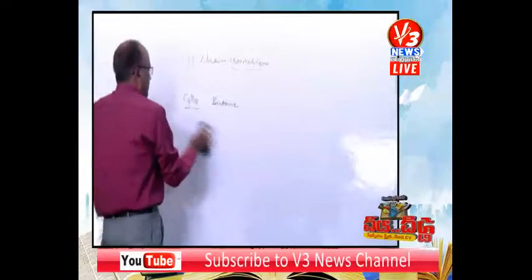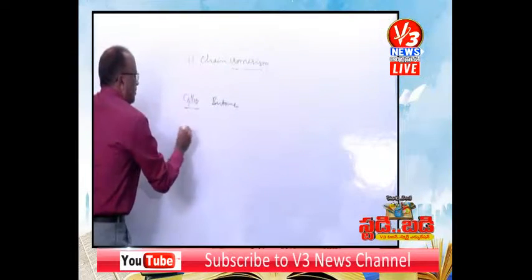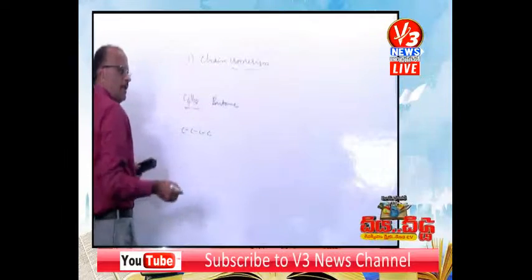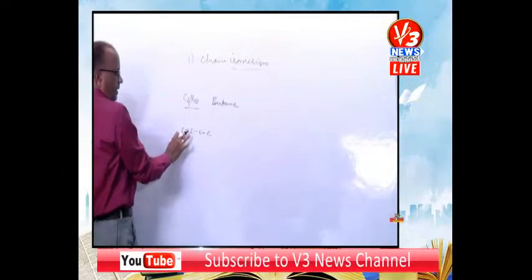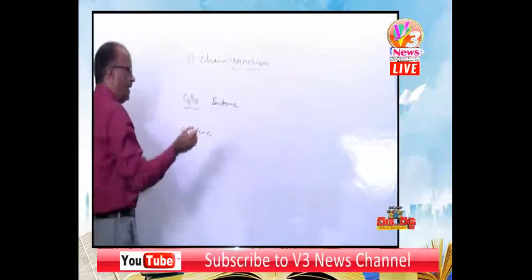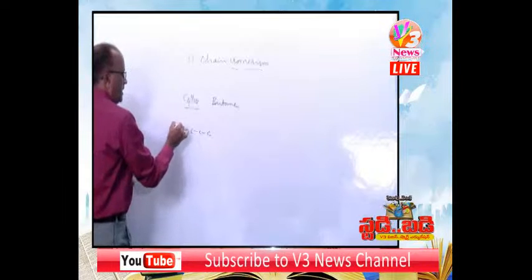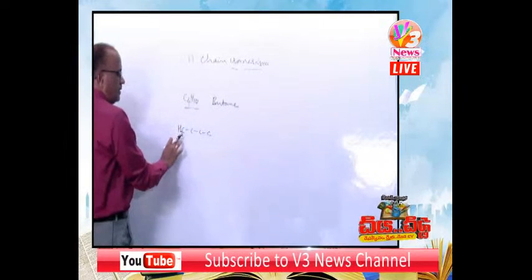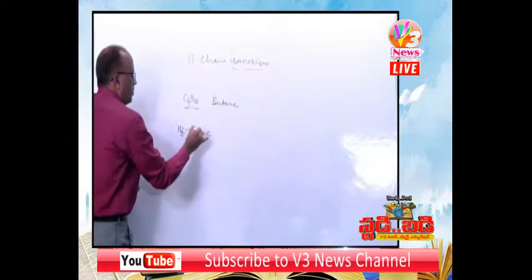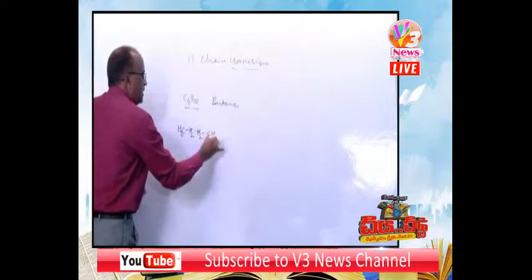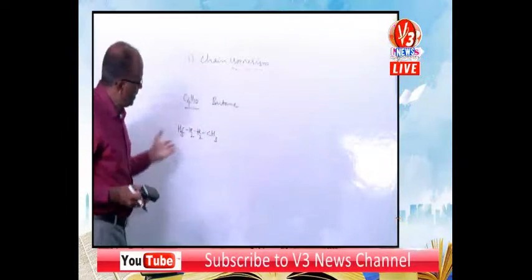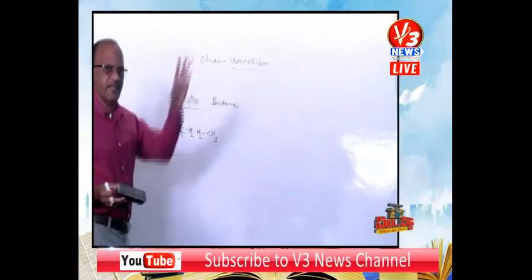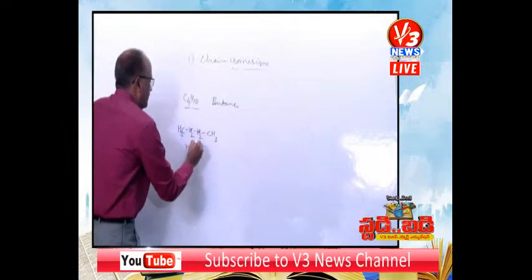Or if you take elaborated structure, first you write 4 carbons, then the remaining valencies are satisfied with hydrogen atoms. So around this to get tetravalency, 3 more hydrogens, here 2 hydrogens, 2 hydrogens, 3 hydrogens. This has no branch, straight chain, that is why this is called n-butane.